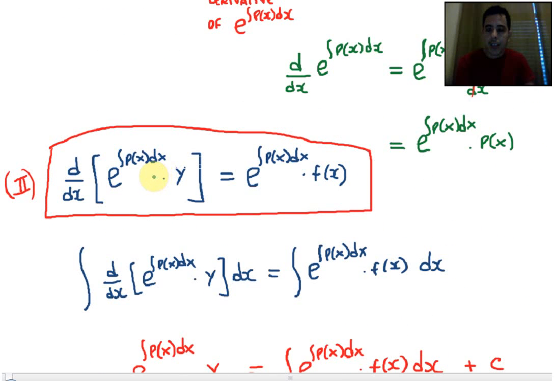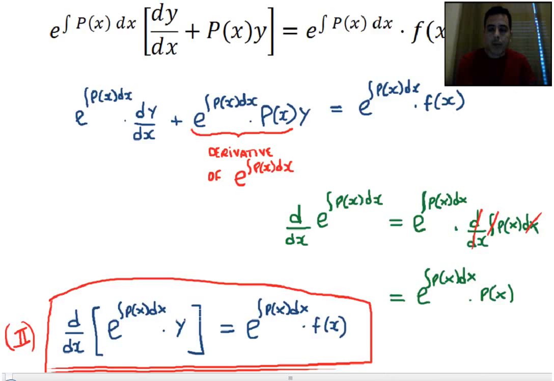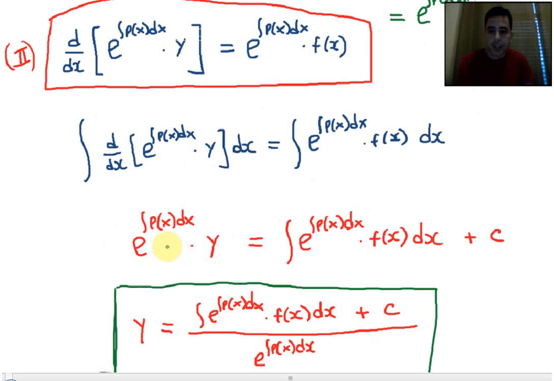So put the differential equation in this form, multiply both sides by e to the integral p of x dx, and then from here it's easy to solve. Just integrate both sides, which gives you this, and then divide both sides by e to the integral of p of x. Okay, so let's take a look at one example.